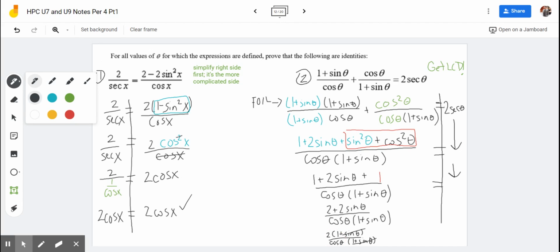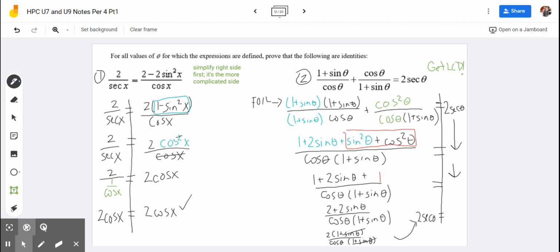So I'm just going to arrow it over here. Terrible arrow. So it's just going to be 2 secant theta is equal to, and we didn't even touch the right side, but it's verified now that the two sides are equal.